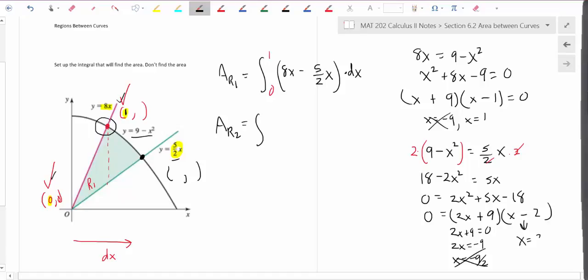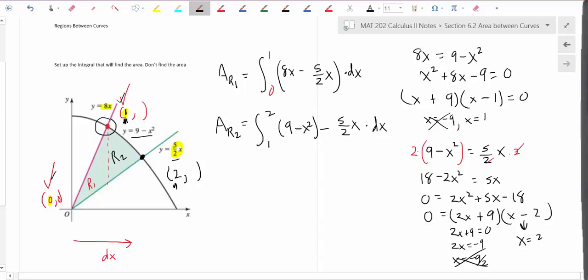So x equals 2 should be what that x value is there. So we're going to integrate from 1 to 2, because we're integrating from left to right. And then the curve that's on top in this region 2 is the quadratic 9 minus x squared. The curve that's on the bottom is the 5 halves x there, times dx.